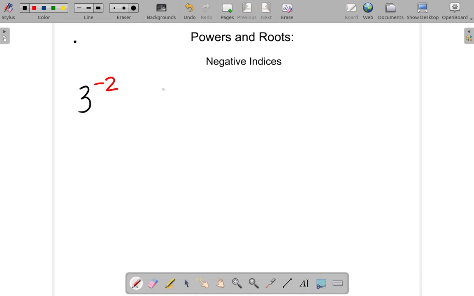It could be, for example, 3 to the power of 4 divided by 3 to the power of 6. Remember, from the law of indices, this is the same as 3 to the power of 4 minus 6, which in this case would yield 3 to the power of, what is 4 minus 6? It's negative 2.